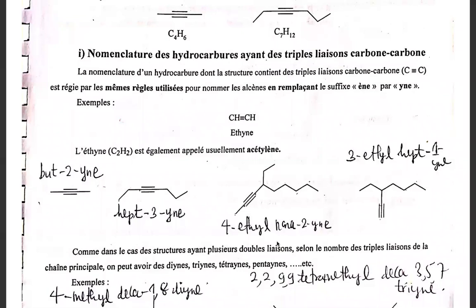So now we come to nomenclature. The good thing is that I am using a handout that is written in French. It says: the nomenclature of hydrocarbons whose structure contains carbon-carbon triple bonds is governed by the same rules. It's even in bold.